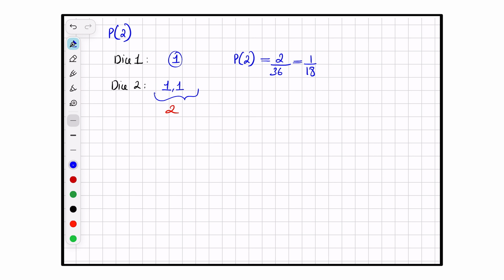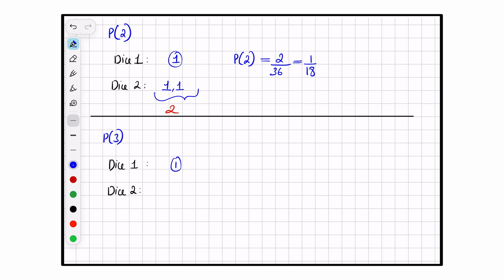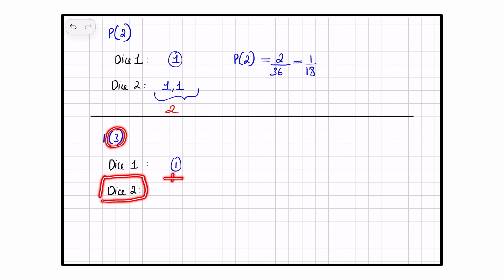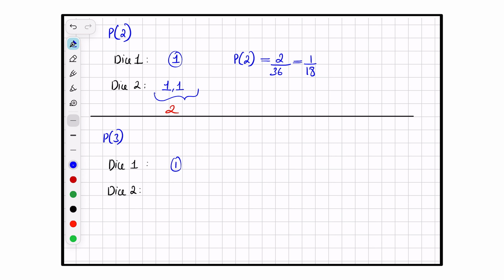Now the probability of getting the sum of the numbers as 3. Let's say I'm getting number 1 on dice 1. What are the possible numbers on dice 2 such that when I add, I get the sum as 3? I can have 2. 1 plus 2 is going to be 3, and there are 2 2s on dice 2, right? That means totally there are 2 possibilities. Now I get the number 2 on dice 1.